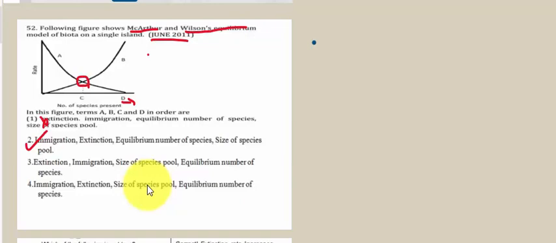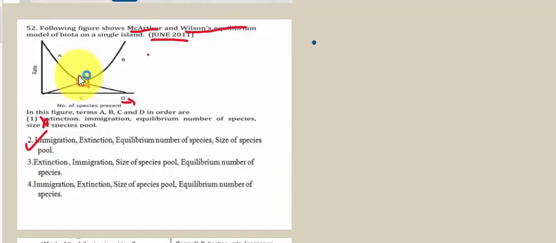Okay, so you can see the rate of immigration to an island is mainly determined by the distance from the mainland to the island, and the rate of extinction on the island is mainly determined by the island size. So B is the extinction rate and A is the immigration rate.